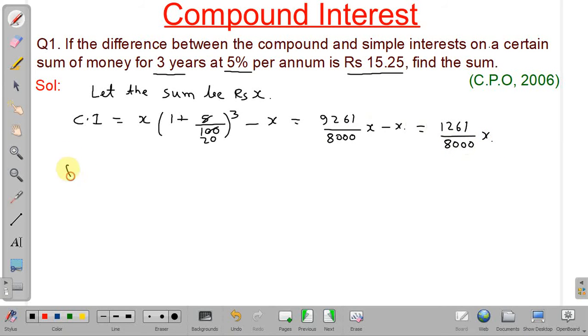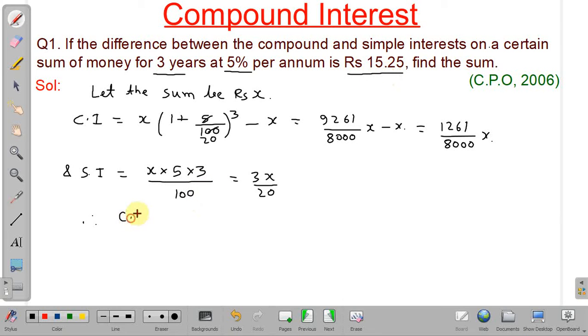And we can calculate simple interest as principal into, that is x, into rate of interest 5% into time is 3 divided by 100, and it will be equal to 3x divided by 20. So we can calculate the difference and equate the difference as 15.25.